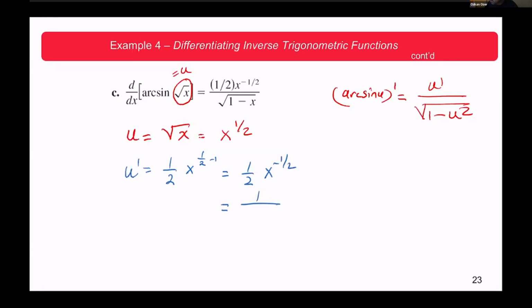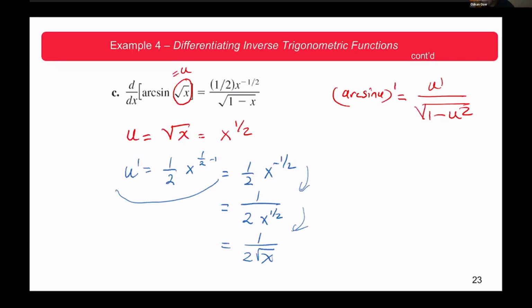So this is 1 over 2 times x to the power of 1/2, which is 1 over 2 radical x. You see the algebra here? This part is the application of the power rule, and the rest are all algebra steps.